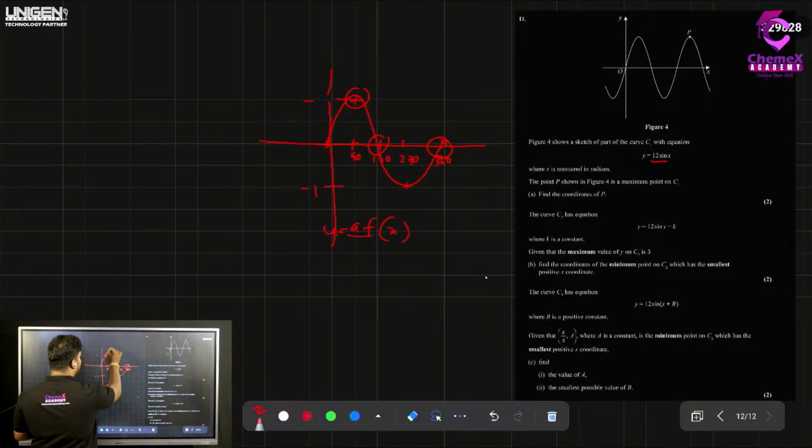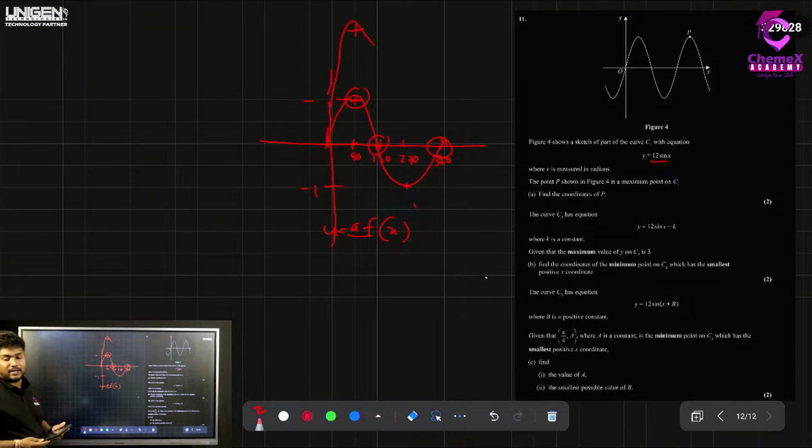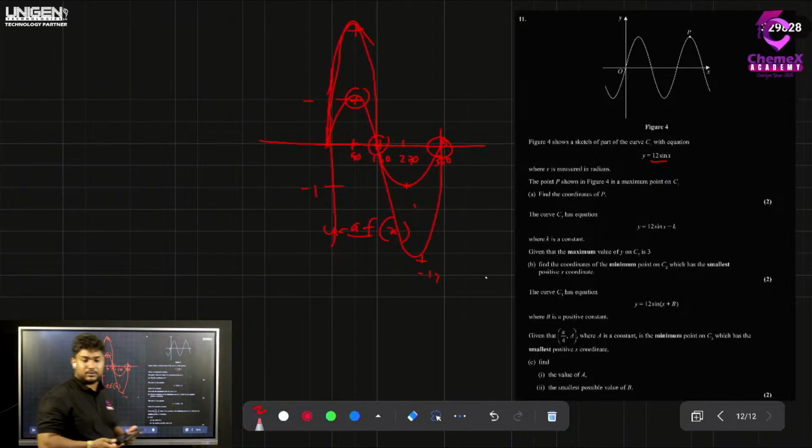When it is 90, 1 will now become 12, so it will go like this. 0 will anyway be 0, because multiplying 0 by 12 won't change anything. Minus 1 becomes minus 12. So your graph will go something like this. Do you understand? That's how the 12 sin x graph goes.